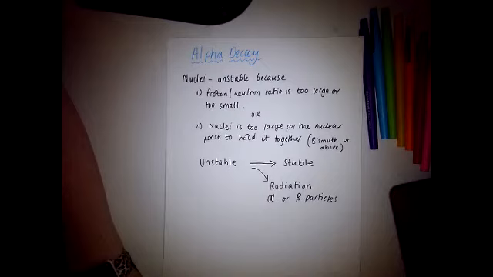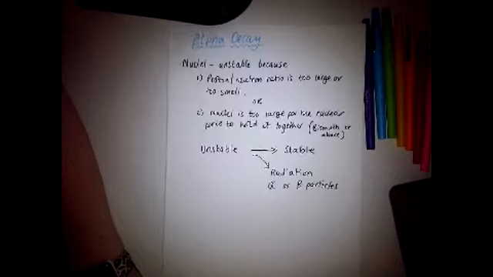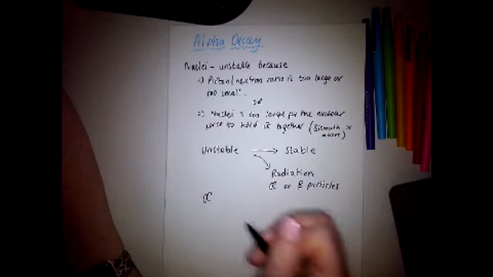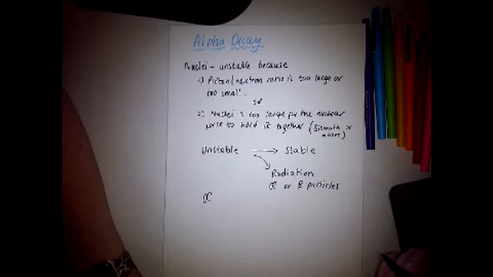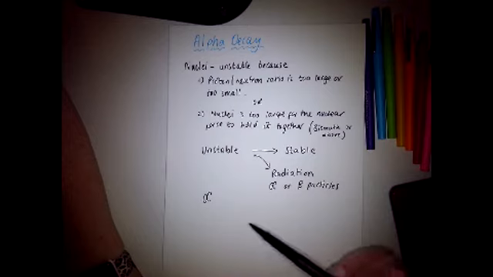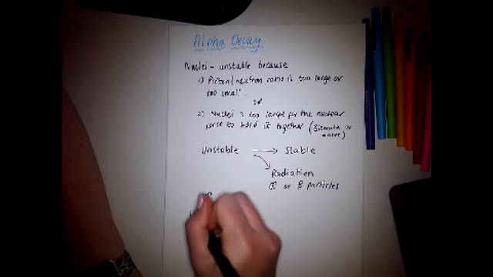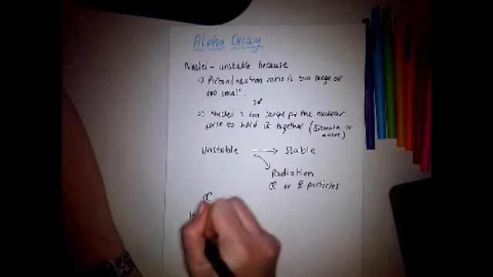So just to recap again, and this is the last little bit of recap I'll do, and then we'll move on to actually getting stuck into what alpha decay is. But just to recap very, very quickly, what are alpha particles and what are beta particles? An alpha particle is otherwise known as a helium nucleus.